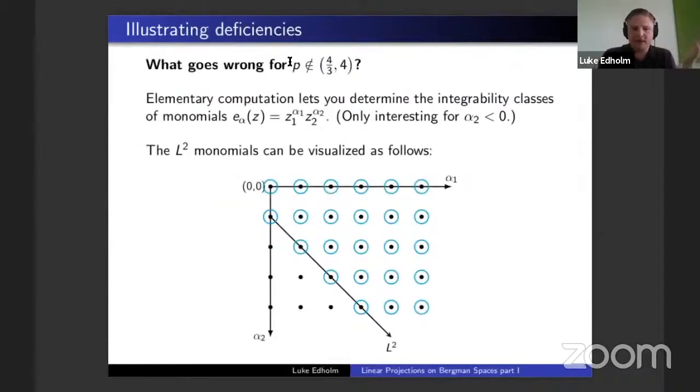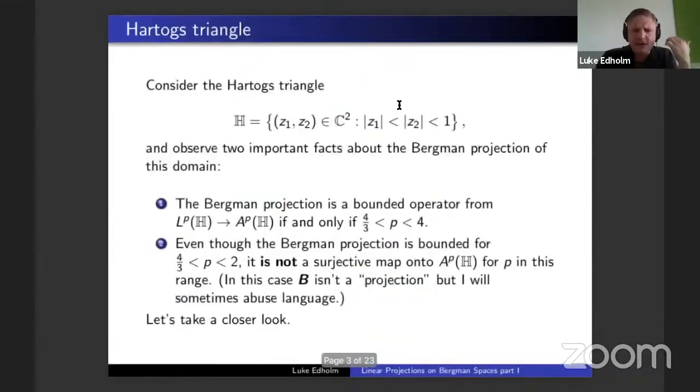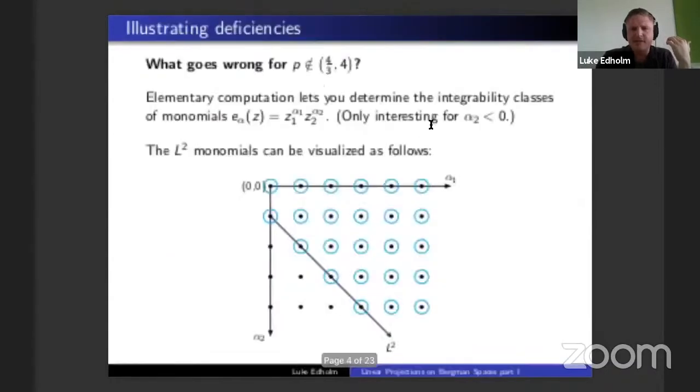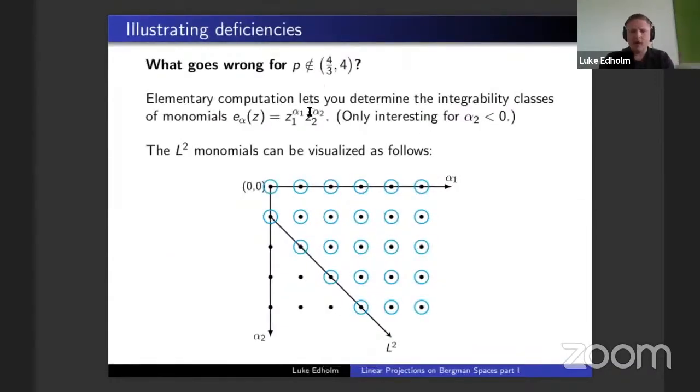So let's take a closer look. What goes wrong if P lives outside of this interval? Well, the first thing to notice is Z2 can't ever be zero. So certain negative powers of Z2 can be allowed in a function that could be holomorphic. Then we're wondering, when are these monomials L2?